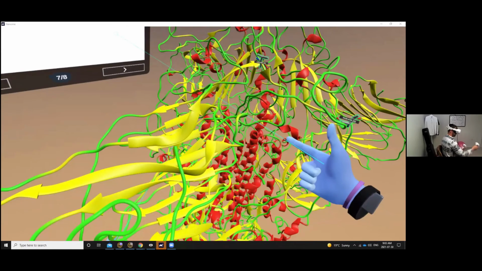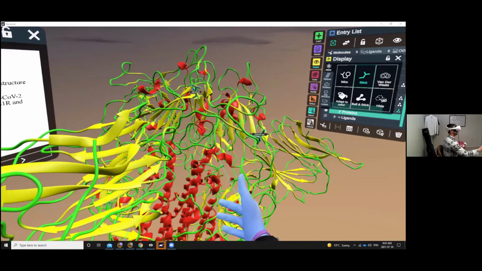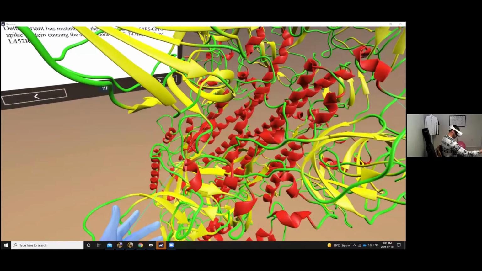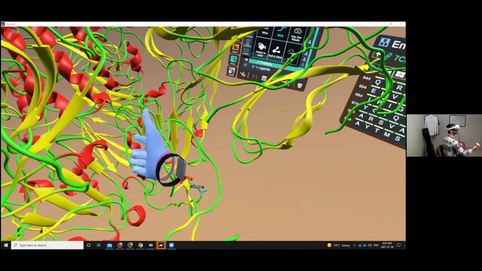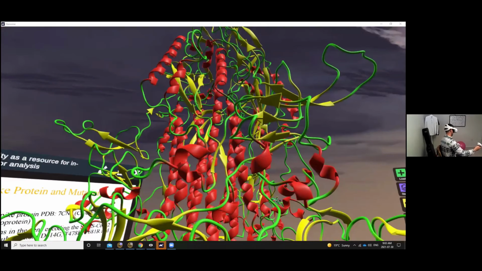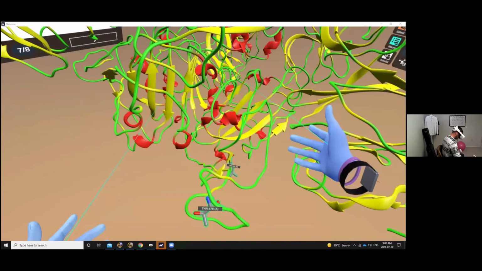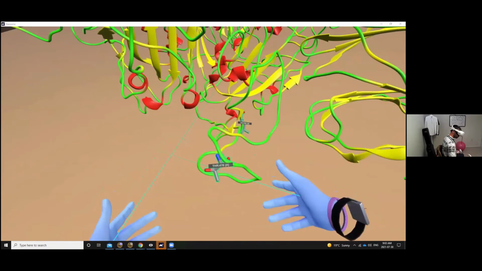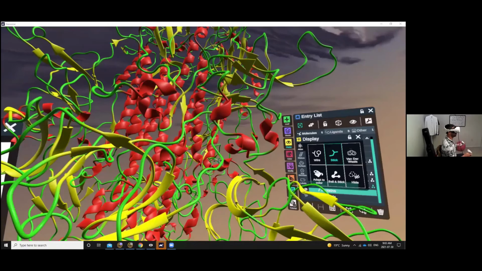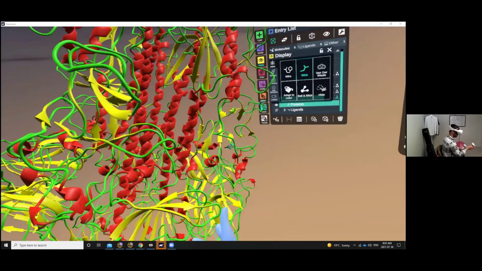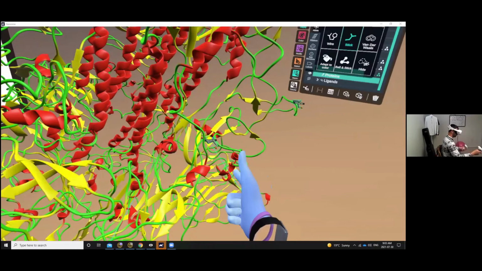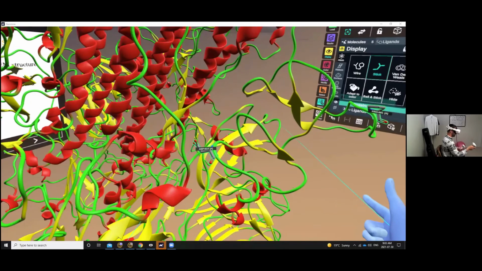There should be 4. Let's make this a little bit bigger. I see 2 of them highlighted. We've seen 452, 3, and then 478. There should be. Oh, there they are. Sometimes they're hard to find on these big receptors. There are the other 2. Okay, so you guys can see these.